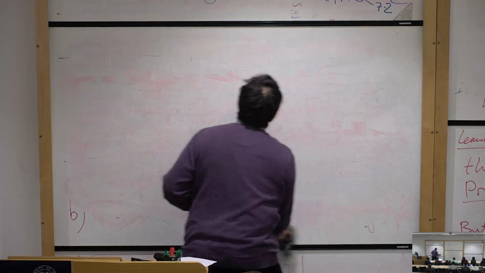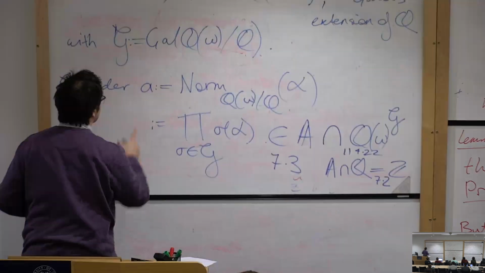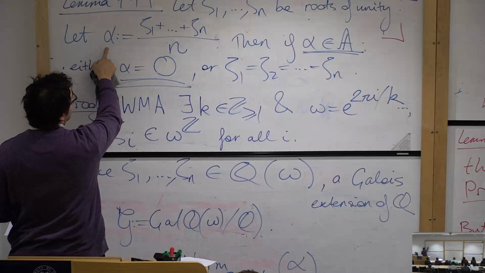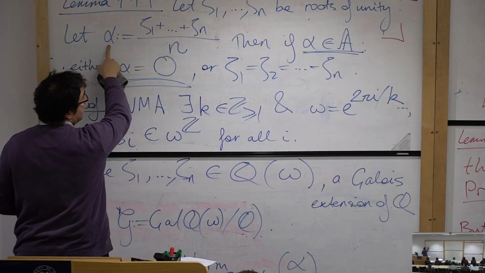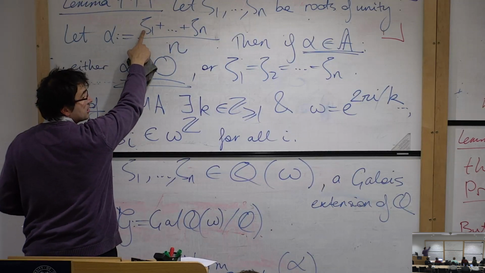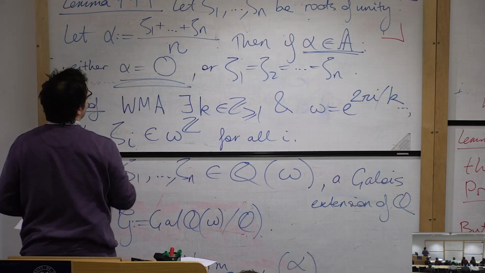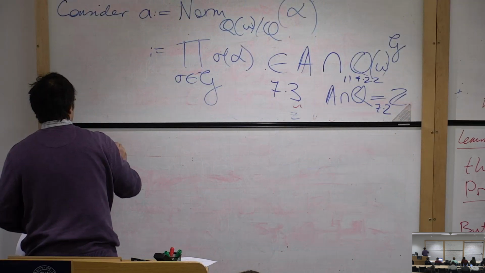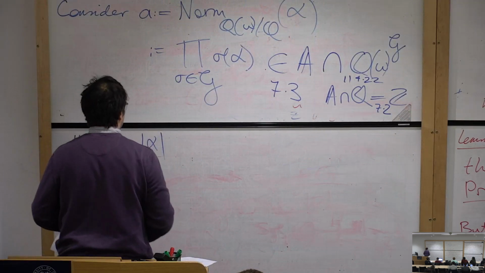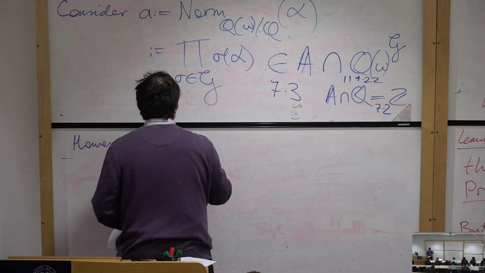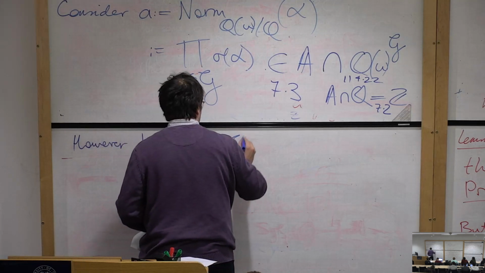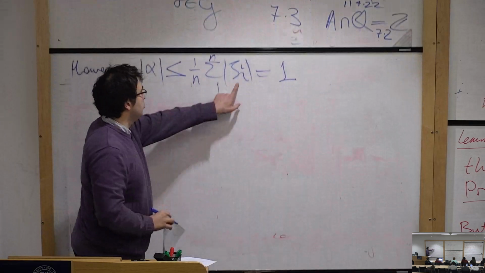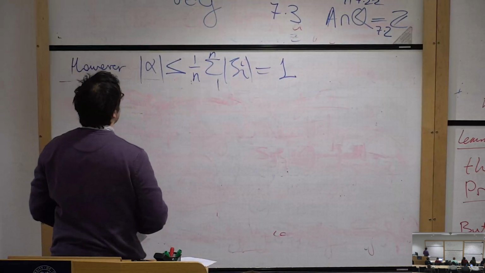By taking the norm of this average, we've got a whole number called A, but we knew that the absolute value of alpha is at most 1, because the absolute value of each zeta_i is 1, by the triangle inequality. Mod alpha is less than or equal to 1 over n times the sum of mod zeta_i, which is 1, because a root of unity has absolute value 1.